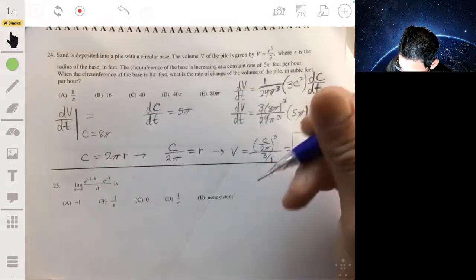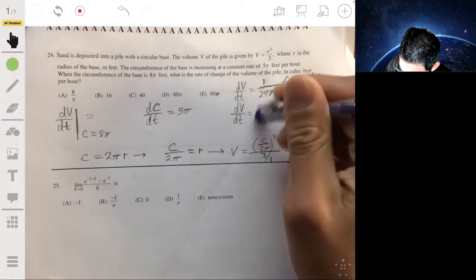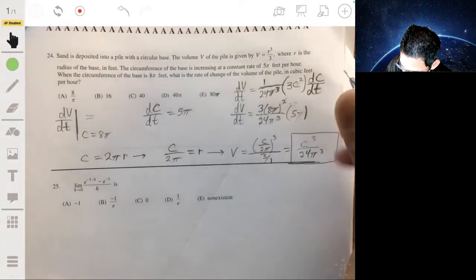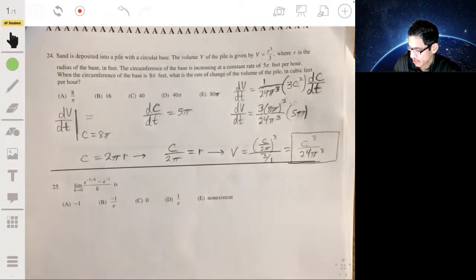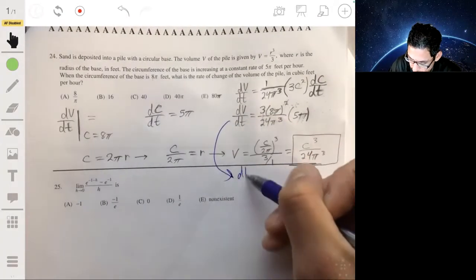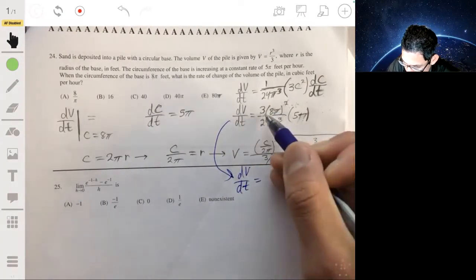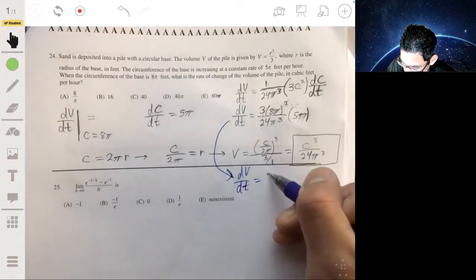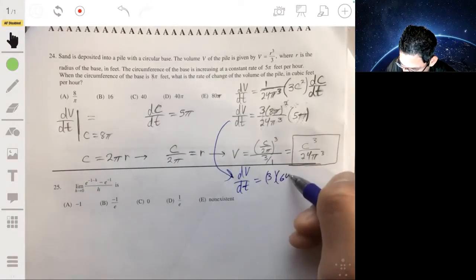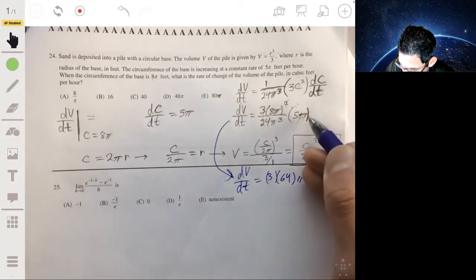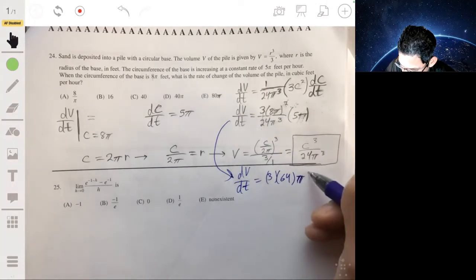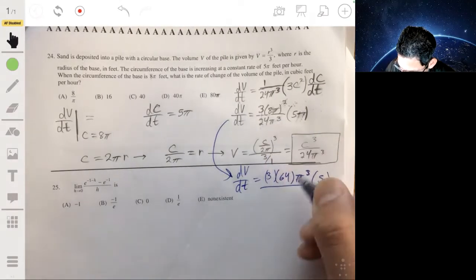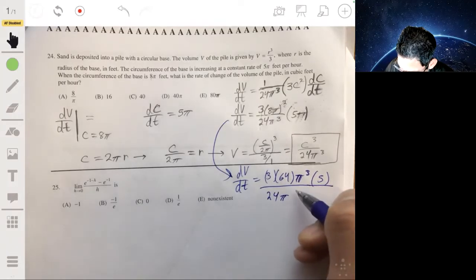Let me rewrite this a little more. Let me not cancel anything right now so it isn't confusing. I'm going to square that. So dV/dt will be 8 times 8, so 64, times 3, times pi times pi times pi, so pi cubed, times 5 on top, and we have 24 pi cubed in the denominator.